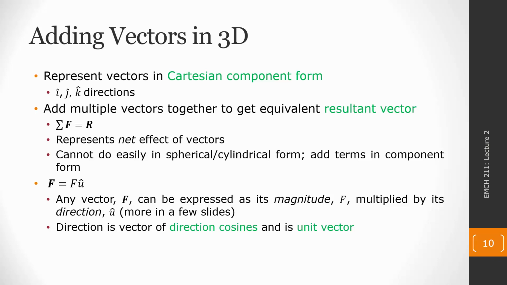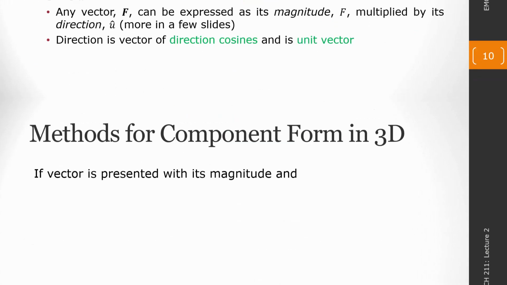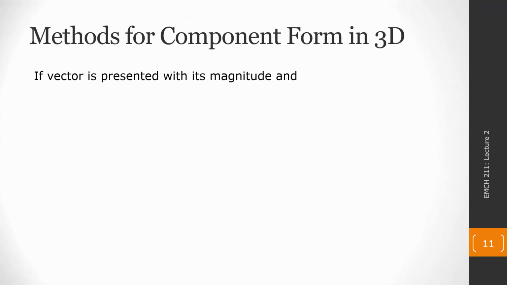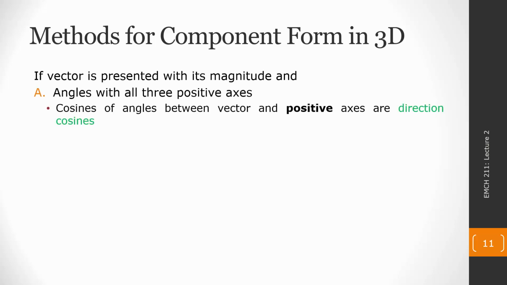So how do we go into this component form when we're in 3 dimensions? Well, there are going to be different ways that a vector could be given to us when we're in 3D. Maybe we're presented with a vector's magnitude, and in case A, we have the angle that it makes with all 3 positive axes. I'd say this is not usually the case in this class, but sometimes in robotic systems, we would know the magnitude and the angle it makes with all 3 axes.